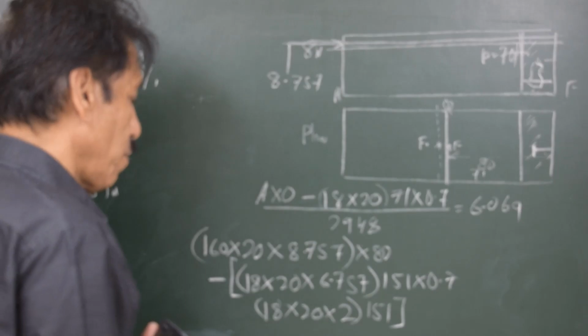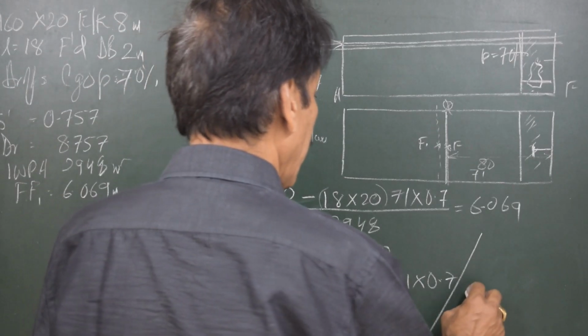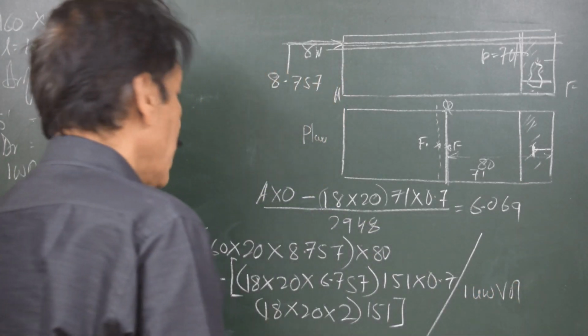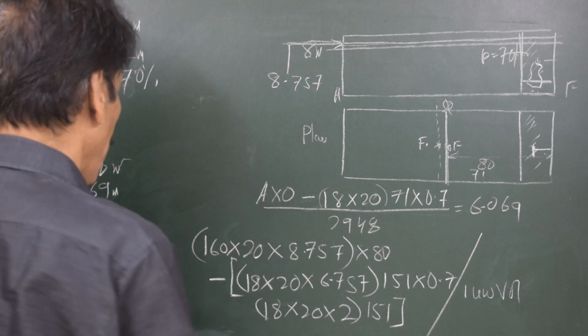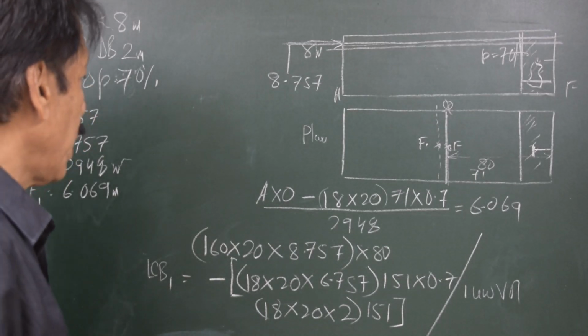This is the calculation we need to do, and this entire thing is to be divided by intact underwater volume, right? So that would give you the LCB1. This is the expression for LCB1. Let's do it.